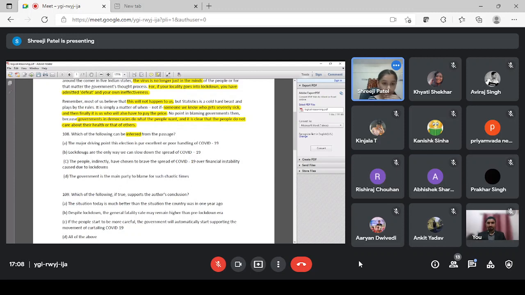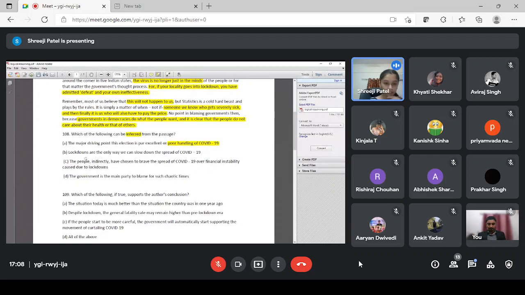Like, the major driving point this election is par excellence and poor handling of COVID-19. No, this wasn't talked about. It was just mentioned that the government is now going to do activities that are needed for election, but nowhere was it mentioned that they were poor in handling COVID-19. Therefore, this couldn't be the right option.